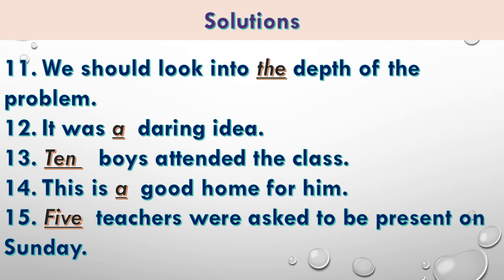So here the exact number 5 is given. That is again an example of cardinal numerals. Yes, number 5. 5 teachers were asked to present on Sunday. So it is an example of cardinal numerals. Good. I hope your answers are correct.